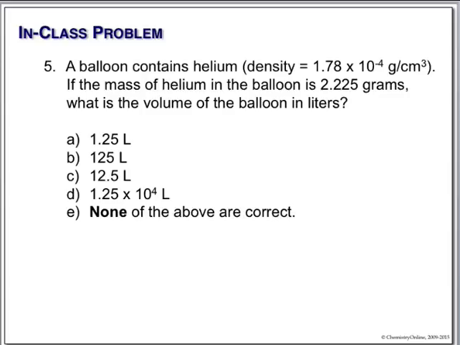We have a balloon with helium in it. The mass of that is 2.225 grams. And what's the volume? Our standard equation here has density equals mass divided by volume, so we solve for volume.